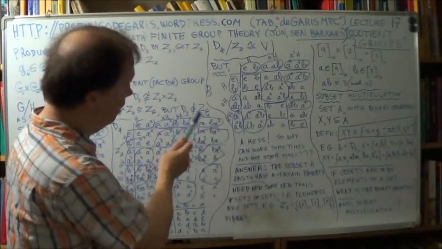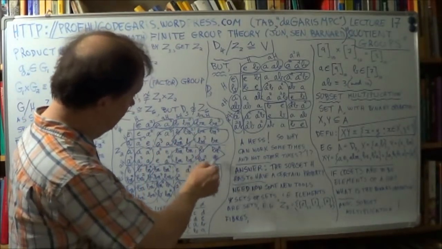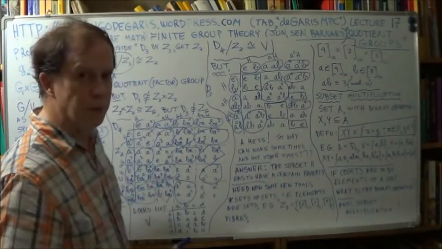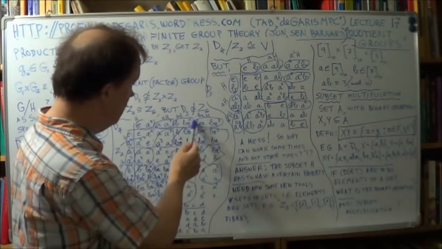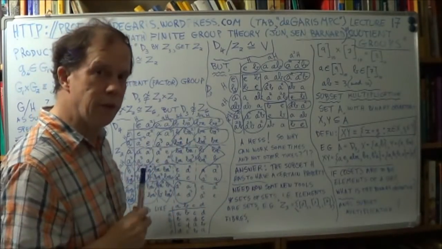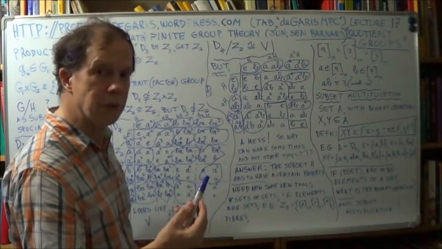If these cosets are elements of a group, then these blocks here are the result of, so if these are elements of a group, you have to have a binary operation on the elements of a group, right? That's what a group is.